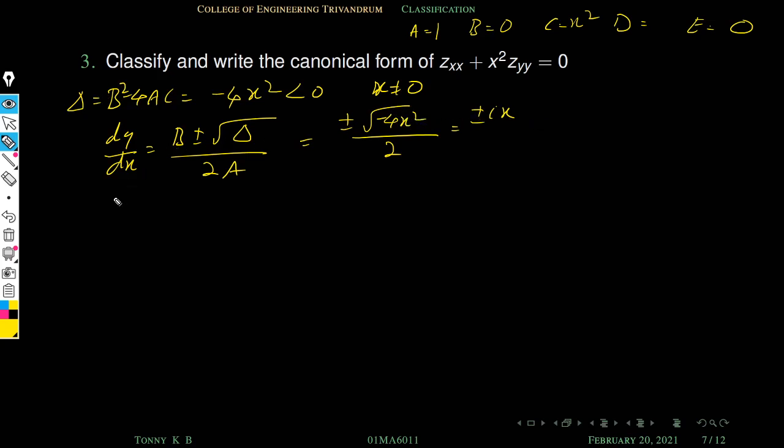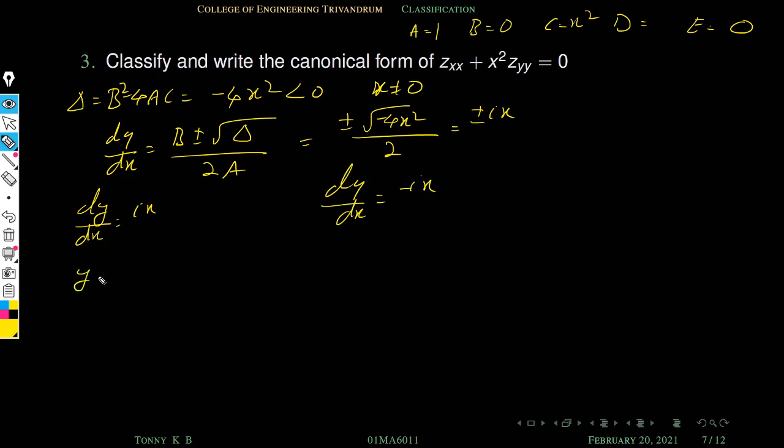So by integrating this equation, what happens? We have two differential equations like this: dy by dx is equal to ix, and the other one is dy by dx is equal to minus ix. We can easily integrate these because they are already in separable form.